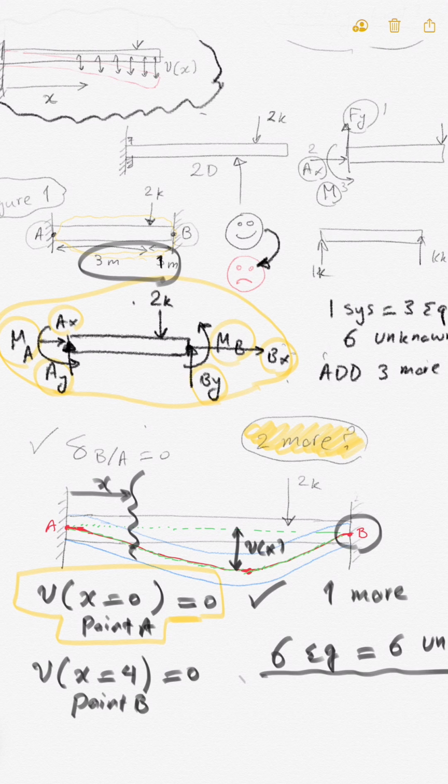Now the only thing that I need, to be able to solve this and, as an engineer, get some numbers and report to my boss, is to understand how this deflection works, right? If I know V in terms of x, then I can simply expand it, substitute here, get my extra equation, and then solve it.